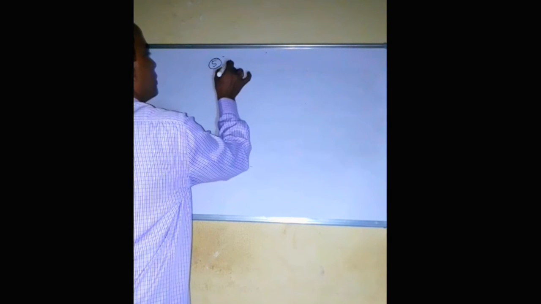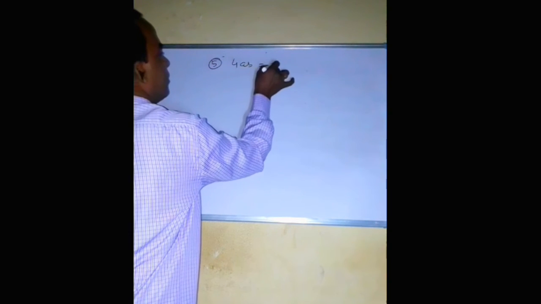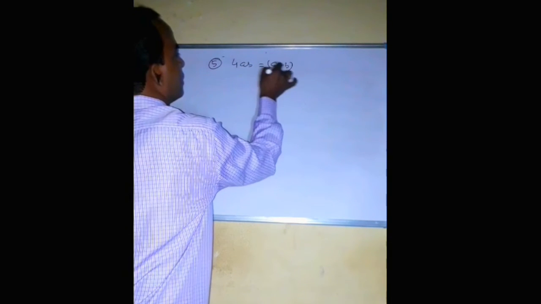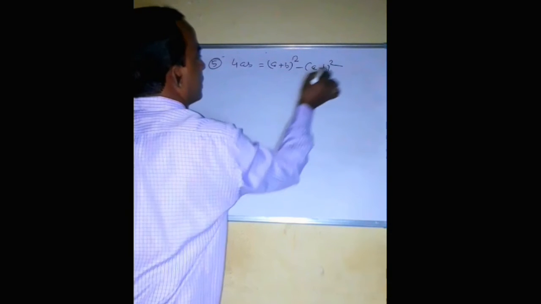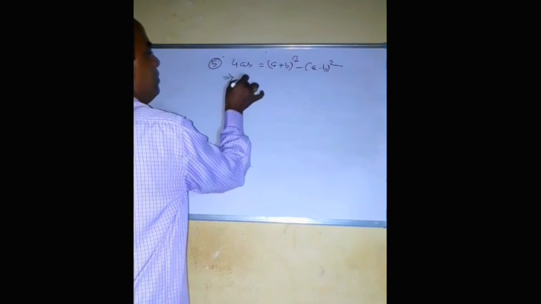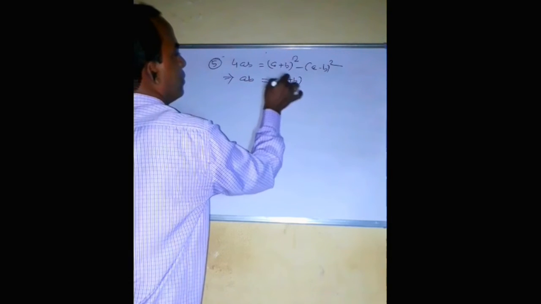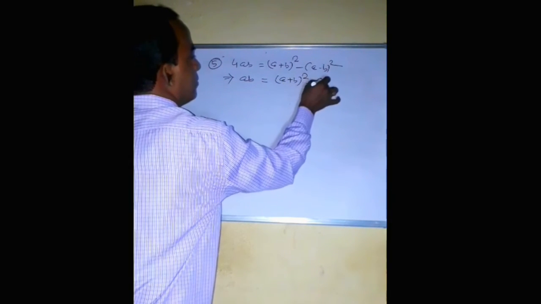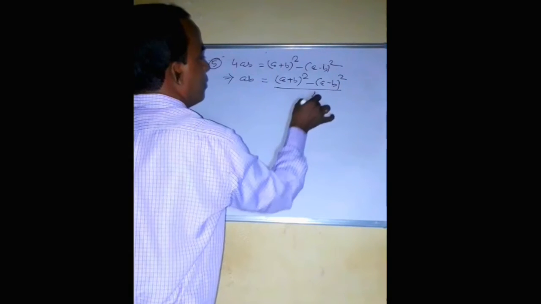Number 5 formula. Thus 4ab equal to a plus b whole square minus a minus b whole square, which implies ab equal to a plus b whole square minus a minus b whole square, divided by 4.